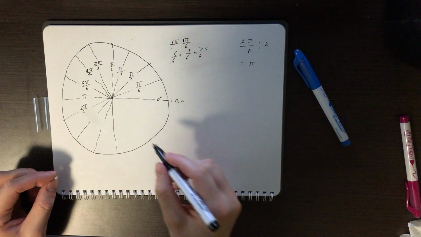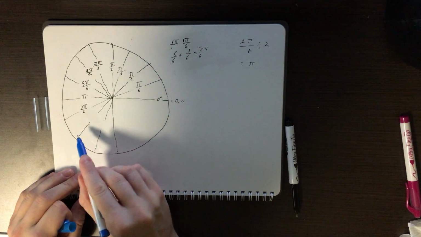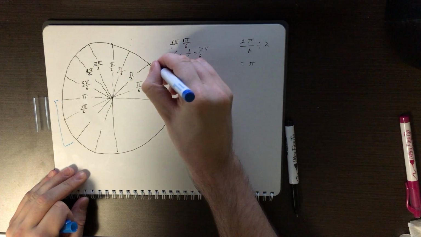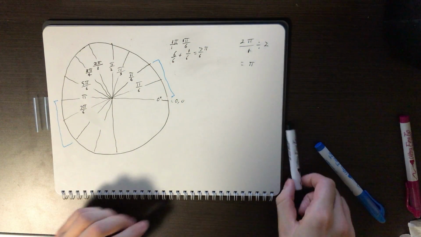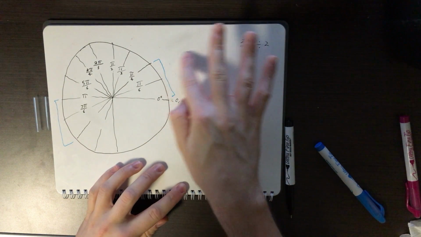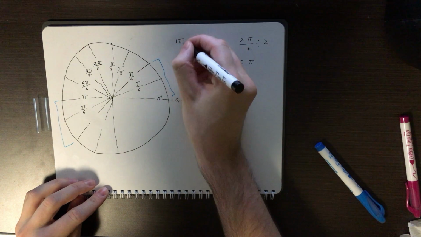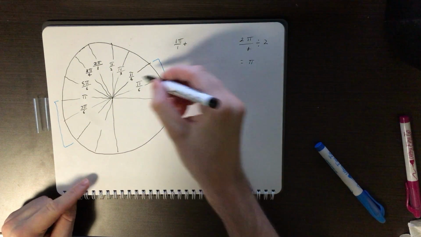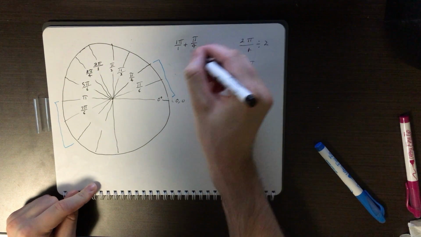But so now we want to find this distance right here, and this distance is the same as this distance. So now what I'm going to do is say pi, again like we did, plus this distance, pi over 4.